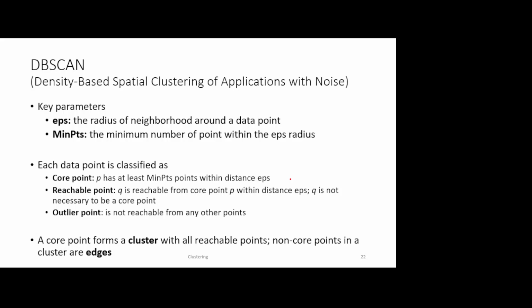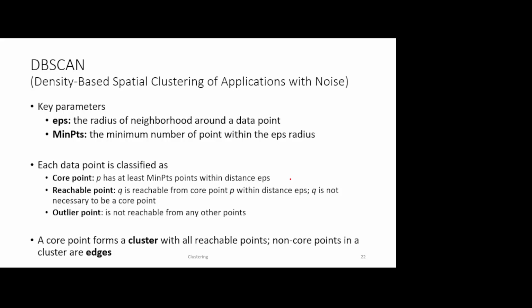Each data point, based on these 2 parameters, can be classified into 3 different classes. First, a data point P is assigned as a core point if it has at least the minimum number of neighbors inside the radius.